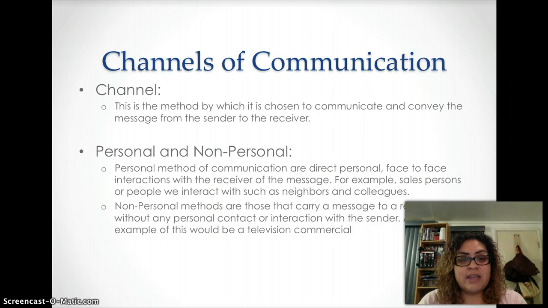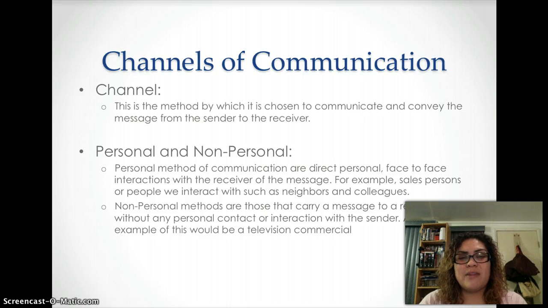The channels of communication, basically the channel is a particular form in which this message gets conveyed to your receiver. It could be a print, it could be a commercial, it could be any variety of combination of things. Now, with channels of communication, we have both personal and non-personal.